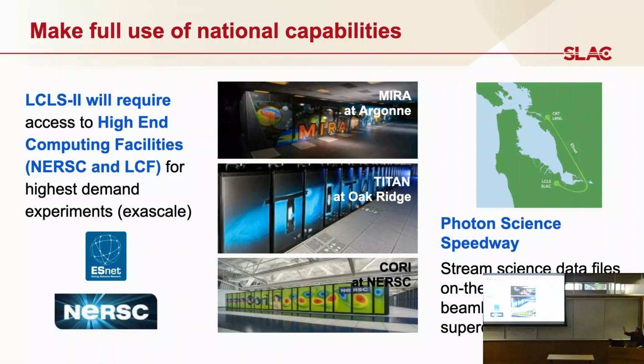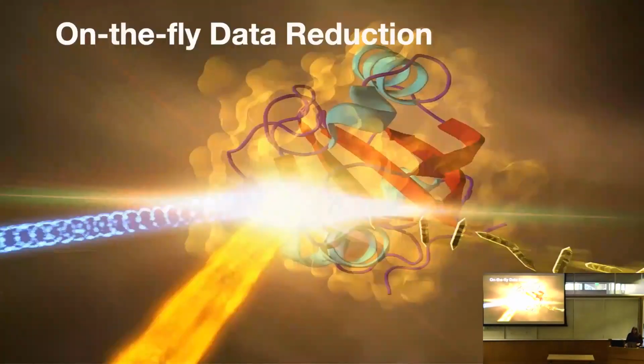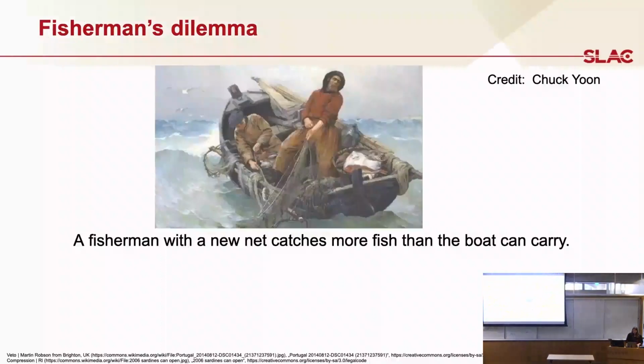It does have a connection to NERSC, so we picked that as the pathfinder. And we are planning on streaming those high compute requirement experiments over to NERSC to analyze. So, shifting gears back to data reduction. This is going into the nitty-gritty of what we're doing in order to make us be able to analyze things on the fly.